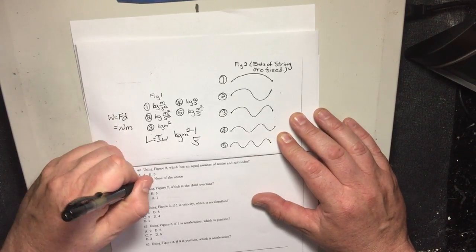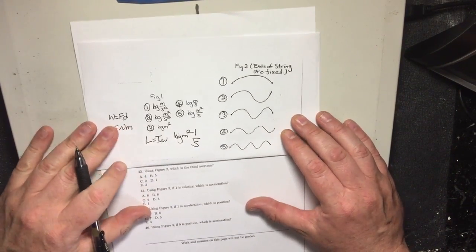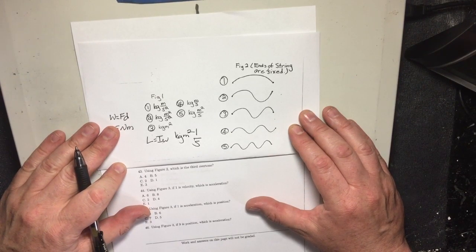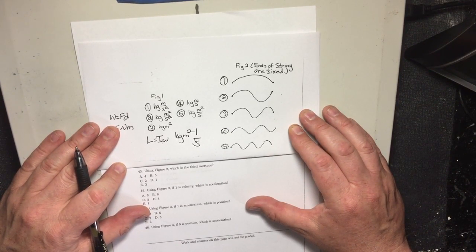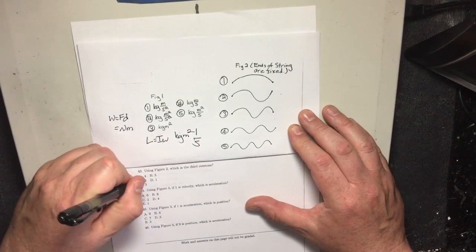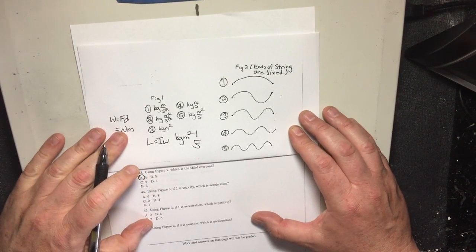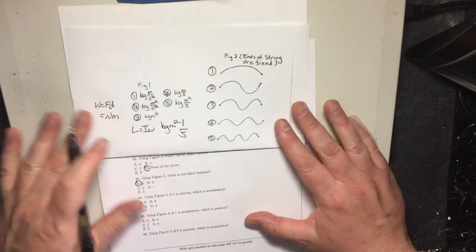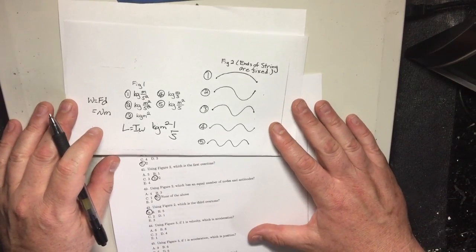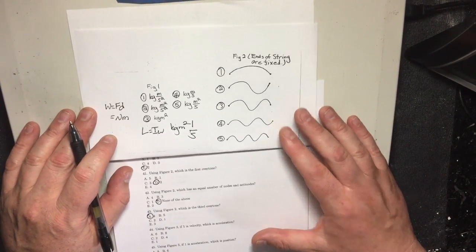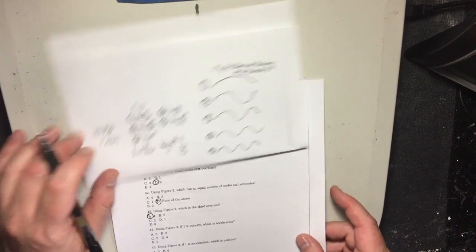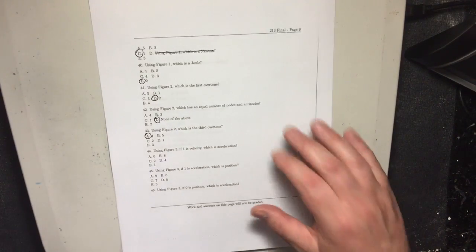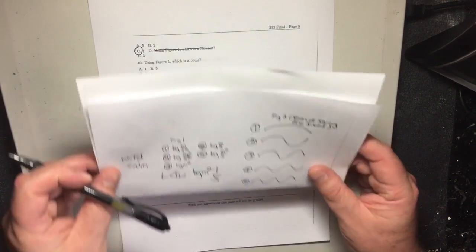None of the above, D. Figure 2, which one is the third overtone? 4. What was the lettering for D? Okay, 44.